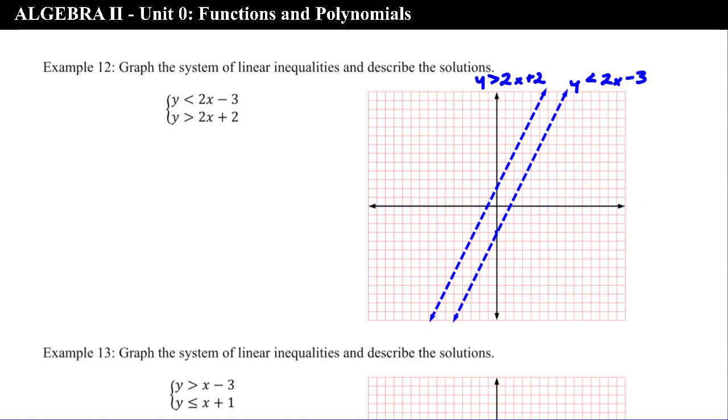So in this case, we would shade nothing, because there was no common shaded area between the two. Also, we are not including the lines themselves. So in this case, this system has no solution.